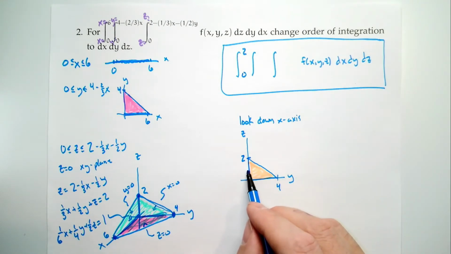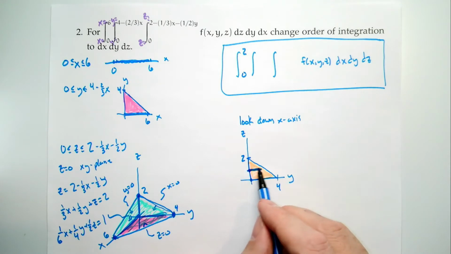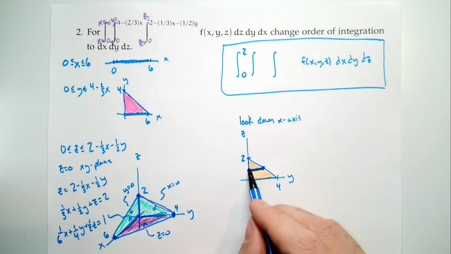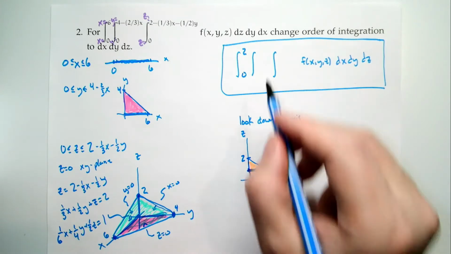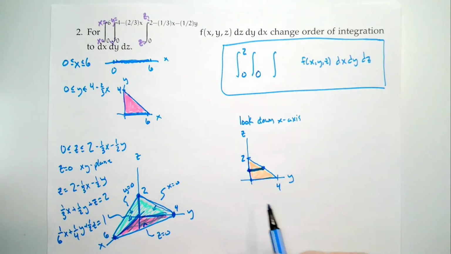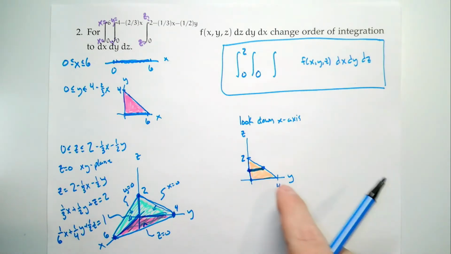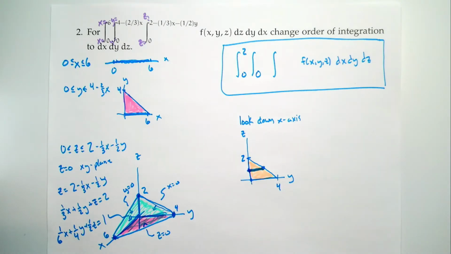So, I imagine I'm at a particular value z, and now I'm going to go back and forth. So where does y go from? Well, I go from y equals 0, that's not so bad, up to some curve. So I need to figure out what that curve is. Now I can actually make it easy. There's 2 ways to do it. One way is, I can think of this as a line.